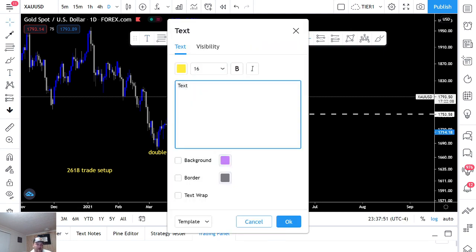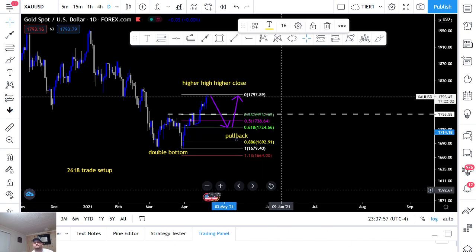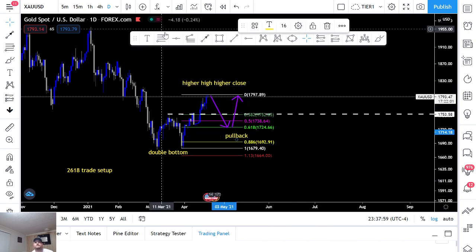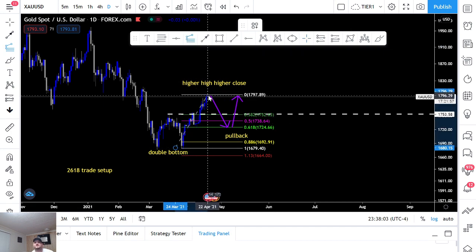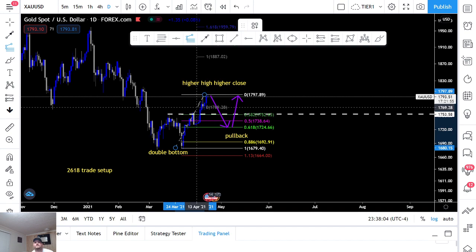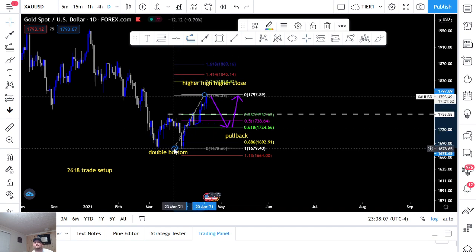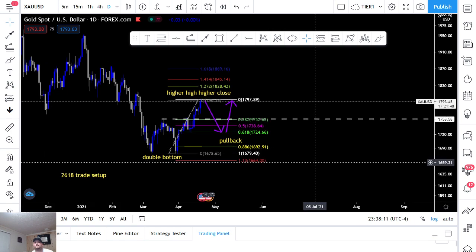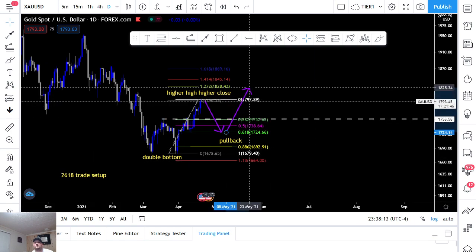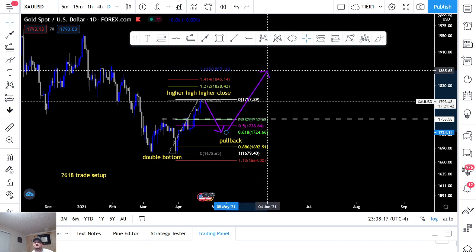This would be the pullback that I would be waiting on. You could look for extensions here. You could look for the 127 at 1828 or 1869.